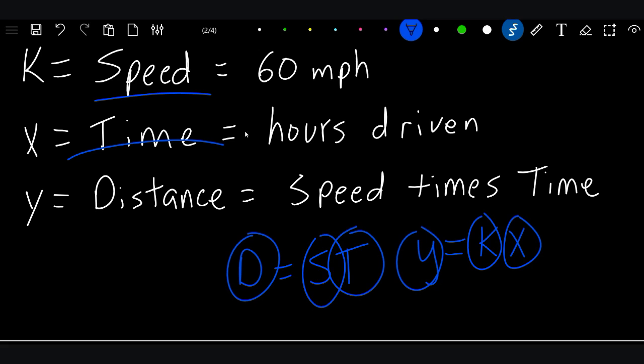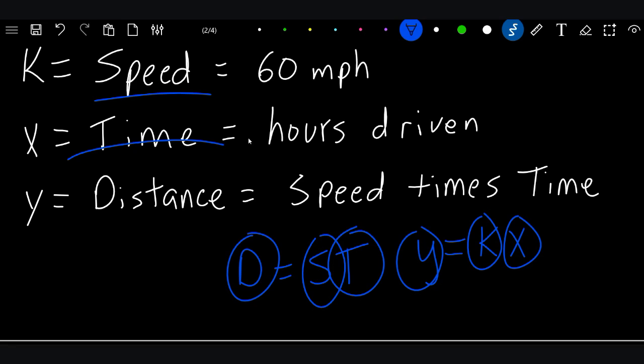Here's the point that I want to make here. Just because it's y equals kx doesn't mean that all of those letters are always going to be y, k, and x. Sometimes your y is distance. Sometimes your k is speed. It could be a number of different things. This is just one example. It could be based on velocity. There's a million different things that it could be based on.